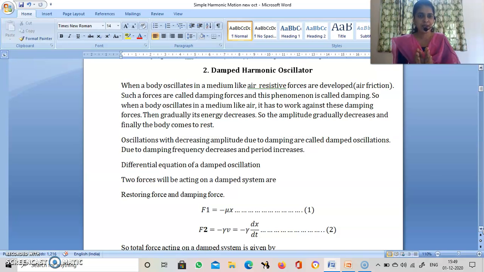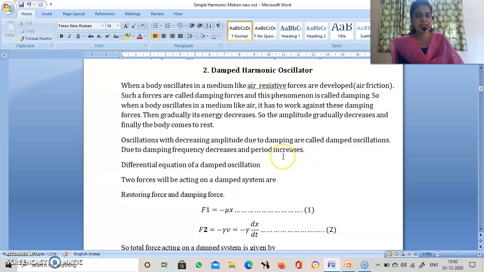As a result, there is a gradual decrease in its energy. So the amplitude gradually decreases and finally the body comes to rest. Such oscillations with decreasing amplitude due to damping are called damped oscillations. Very important definition: oscillations with decreasing amplitude due to damping are called damped oscillations.